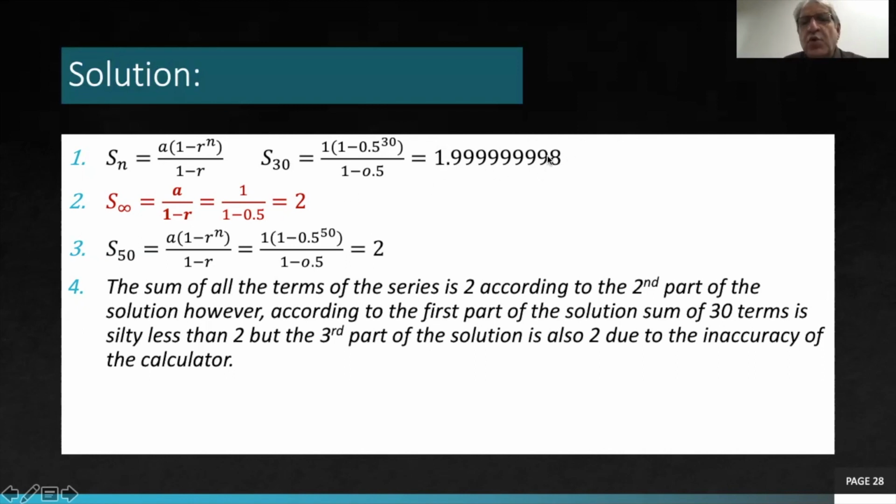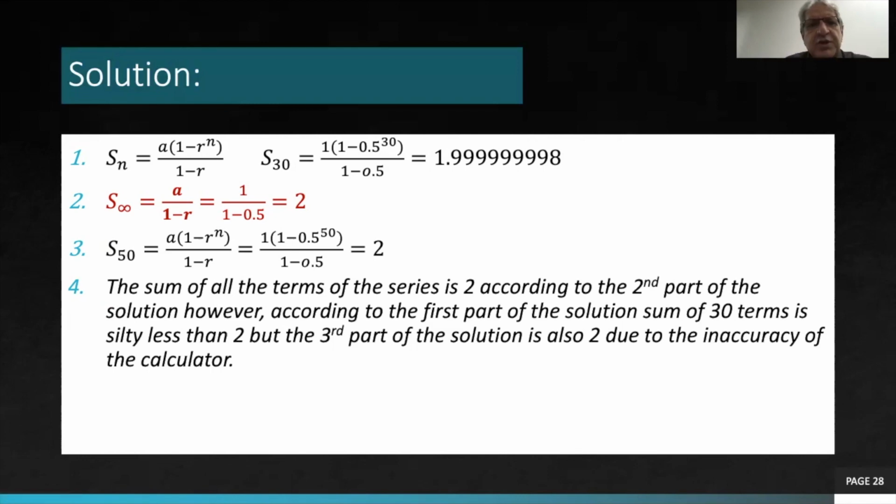You can see it's so close to 2, and this is even closer to 2, which your calculator cannot calculate, so it leaves the approximation and says it is 2. So remember, when you say sum to infinity, this means if you keep on adding the terms, the sum will approach the number 2. That's the meaning of sum to infinity.